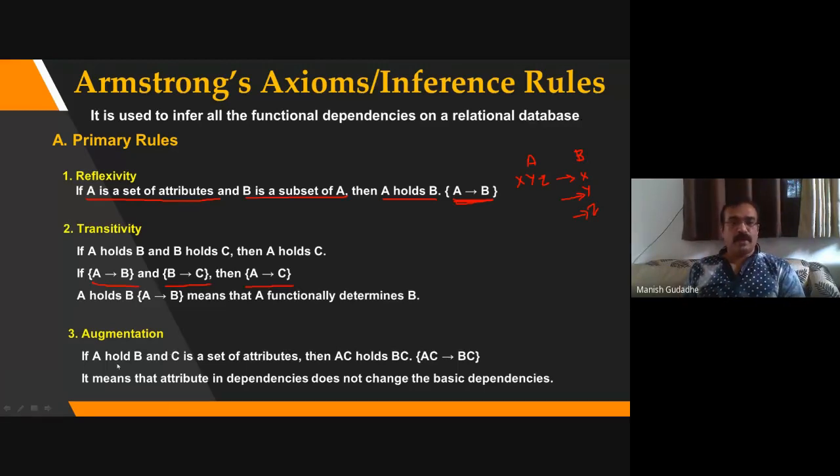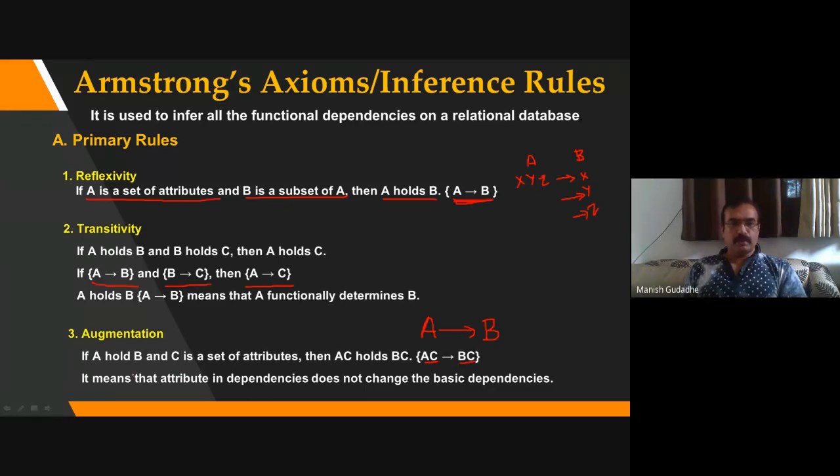So if A determines B and we have a separate set C from the same relation, AC will determine BC.